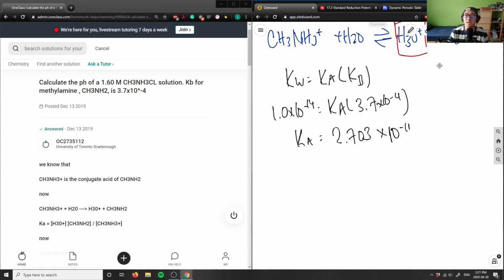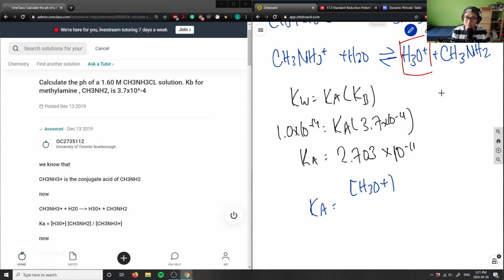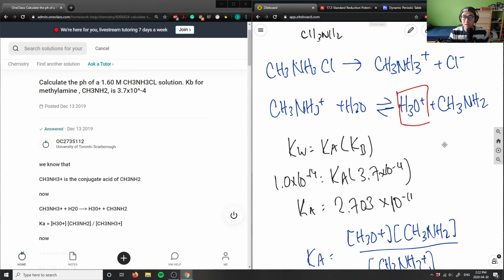And what I can do now is write out my formula. I have Ka here. It's going to equal H3O plus, which is what I want to find out, times CH3NH2, all over CH3NH3 plus. Water does not participate in my Ka reaction here.